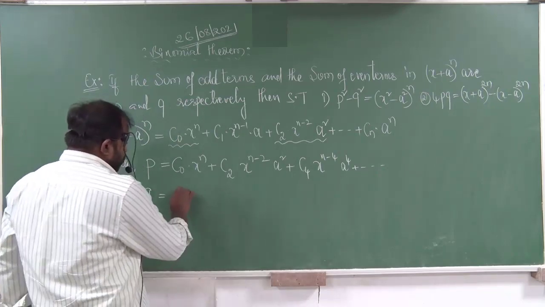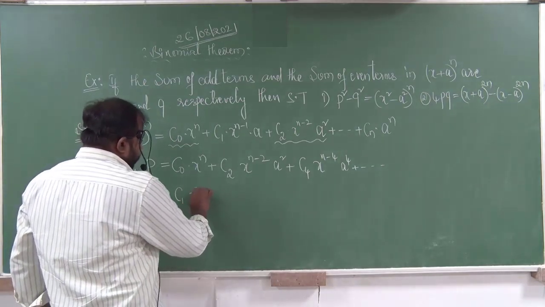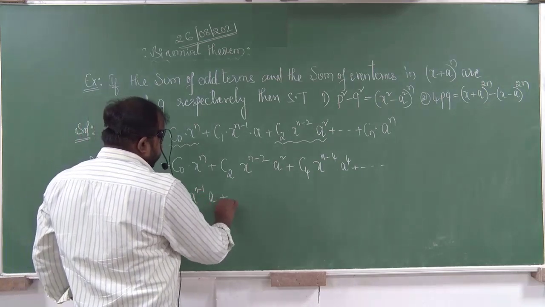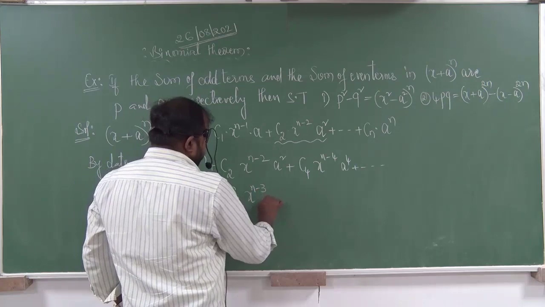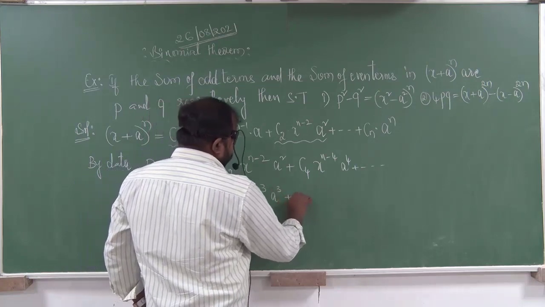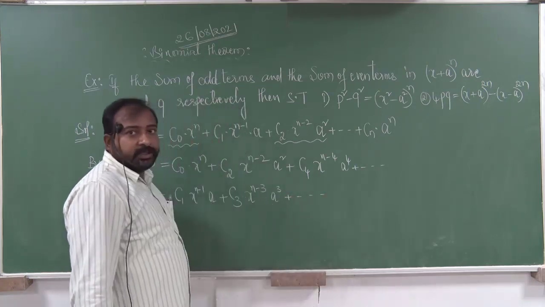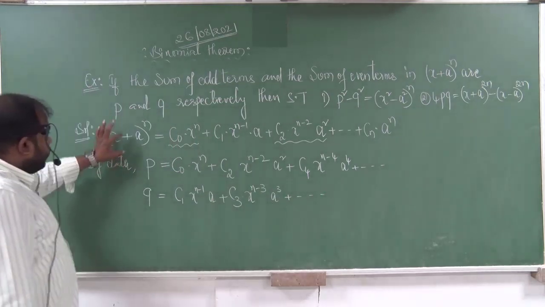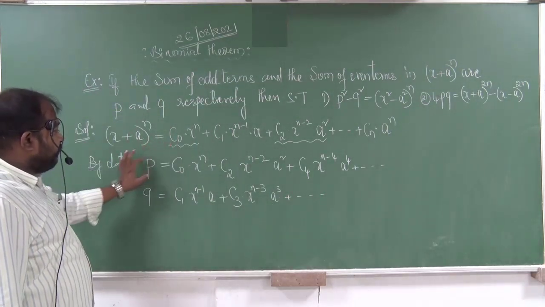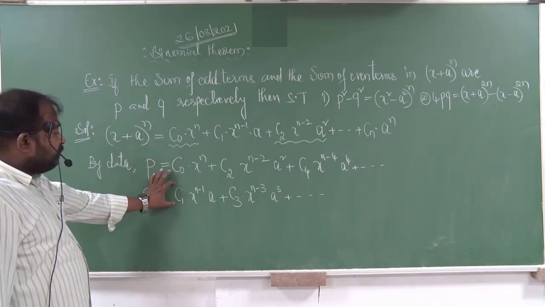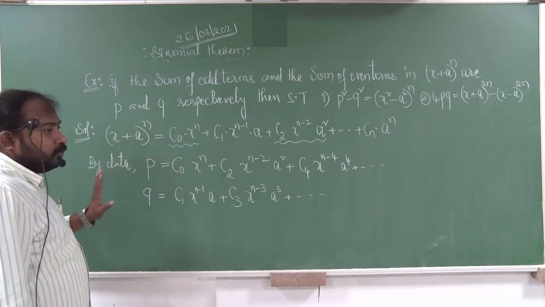Q is C1 x^(n−1) a + C3 x^(n−3) a³ and so on. So according to the data, in this expansion the sum of odd terms is P and the sum of even terms is Q.